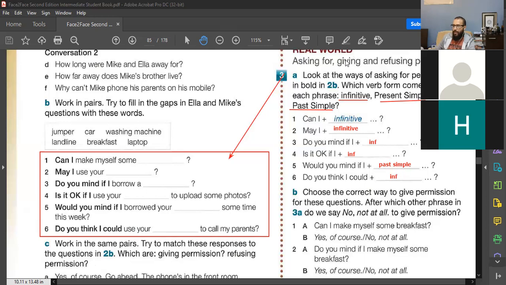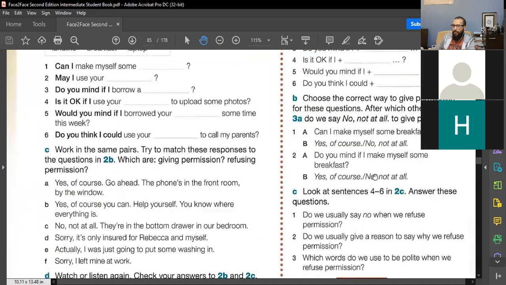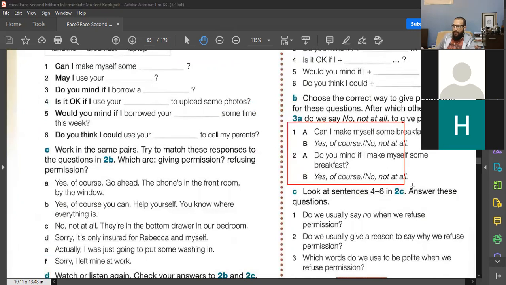So we have two questions. The first question says, can I have some breakfast? So someone is asking for permission, and you want to give this person permission. Which one do we choose?